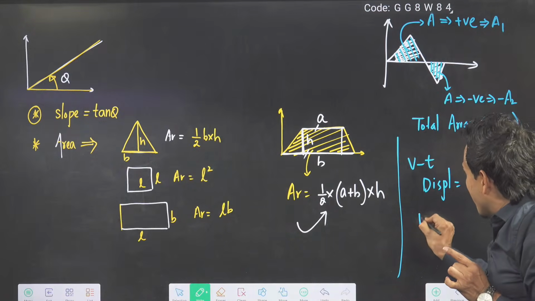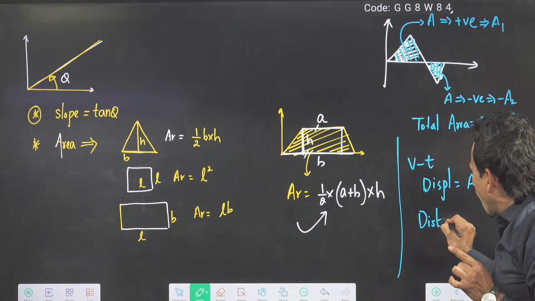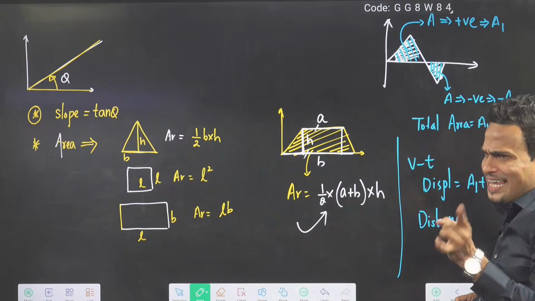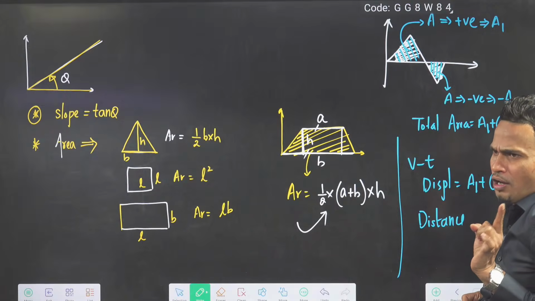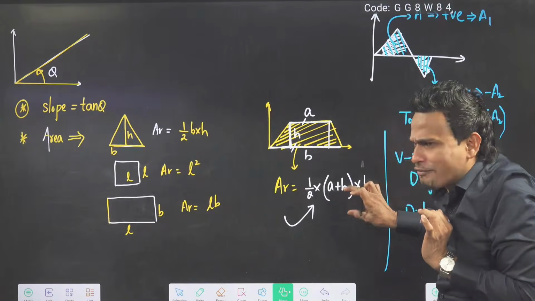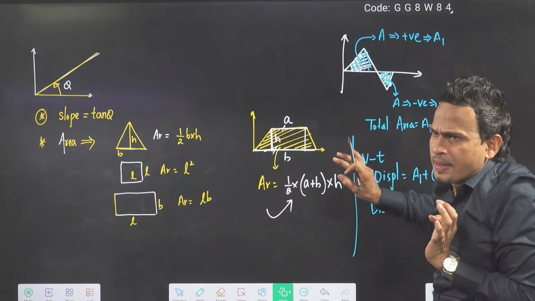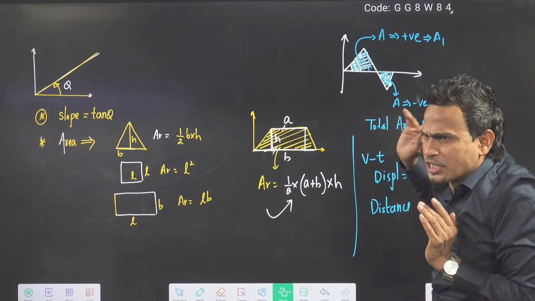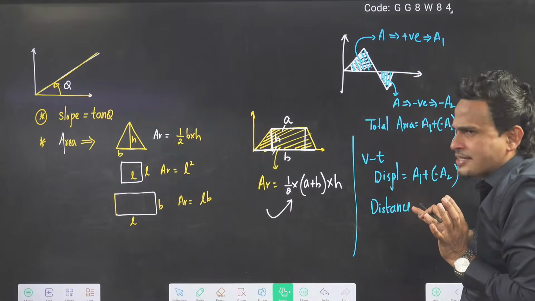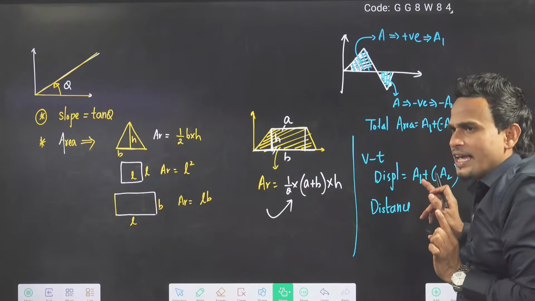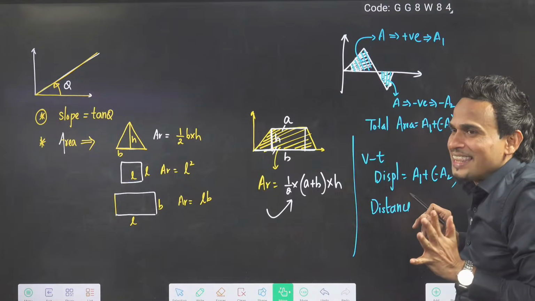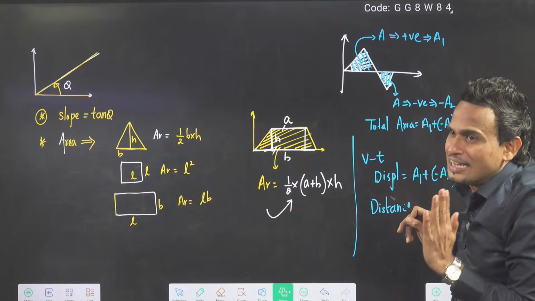But if anyone asks you for distance, that is the only exception. For distance, all areas will be positive. For every other quantity in physics, area above the x-axis is positive and area below is negative, but distance is the length of the path, and path length cannot be negative.